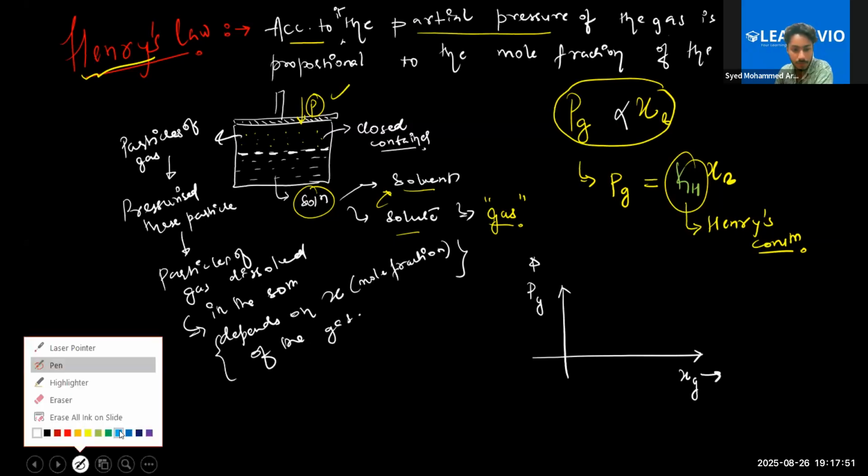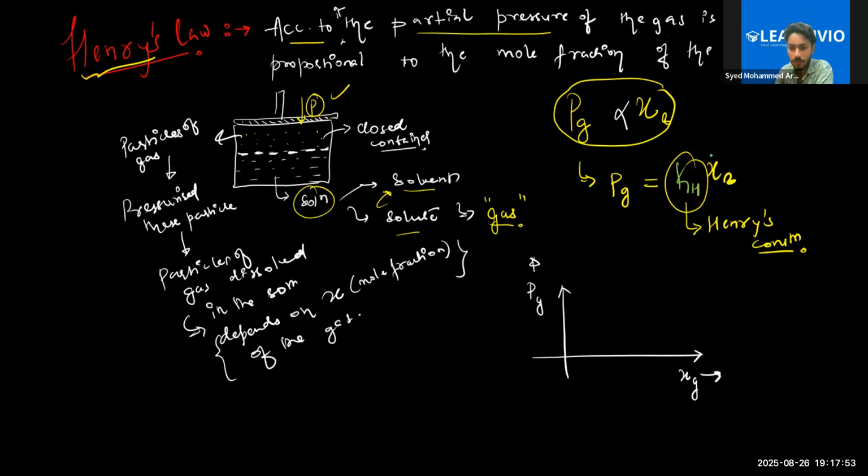I think you're a PCM student, you have maths. So after seeing this equation, which is basically associated with y equals mx, can you tell me how this graph is going to look?